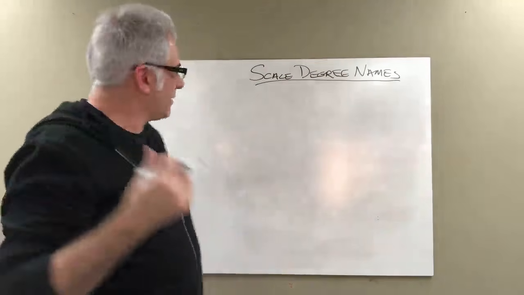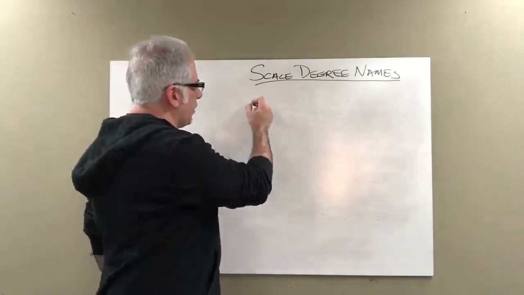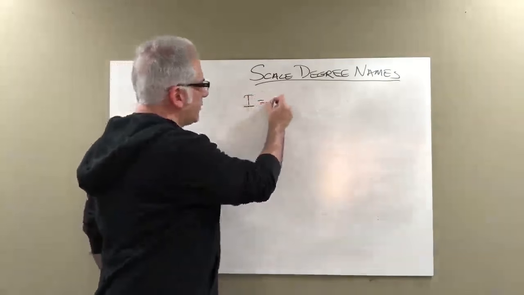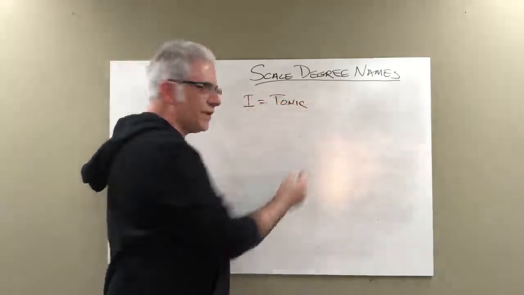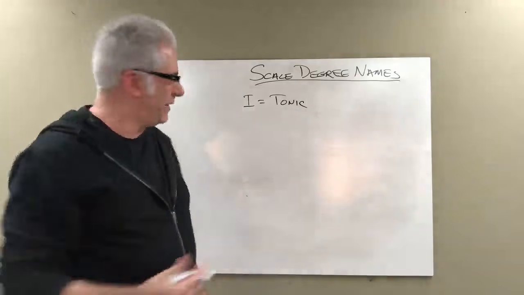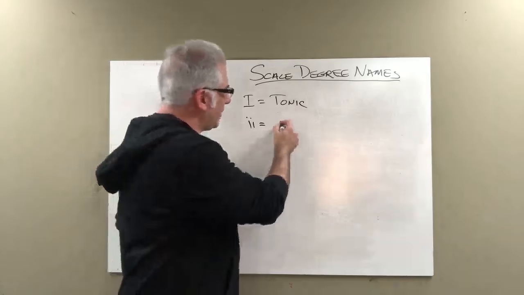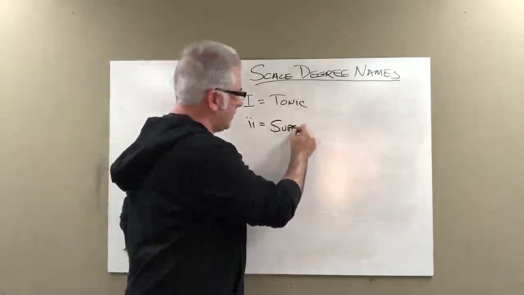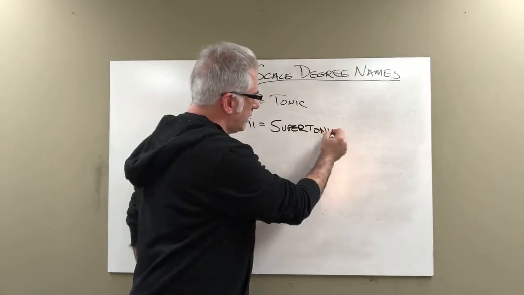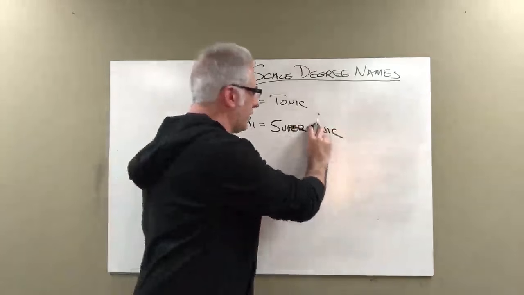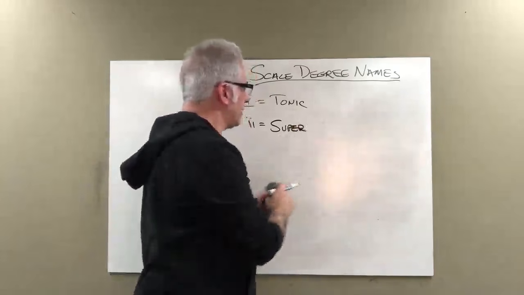And it's very weird. Okay, your scale degree names. Your 1 chord is the tonic. So when you hear the tonic, they're talking about the 1 chord. Your 2 chord, see these things all work together, is the supertonic. I'll separate the words here so it's easier to memorize. Supertonic.